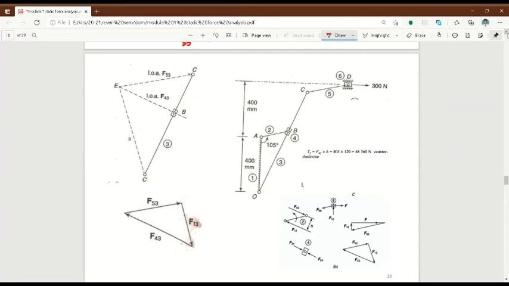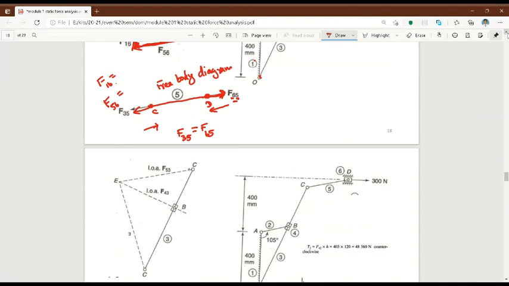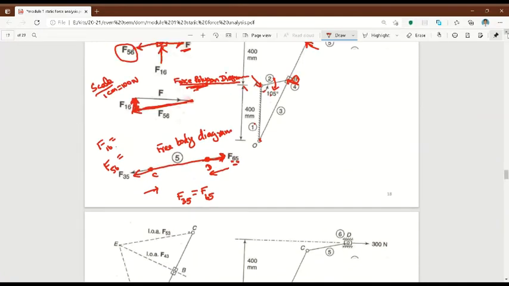I didn't mention the value here. If it is 3, you will get around 3.5. The scale value is 100 Newton, so 3.5 into 100. You will get the answer for F56 between 300 and 400. So we got the answer for F56.